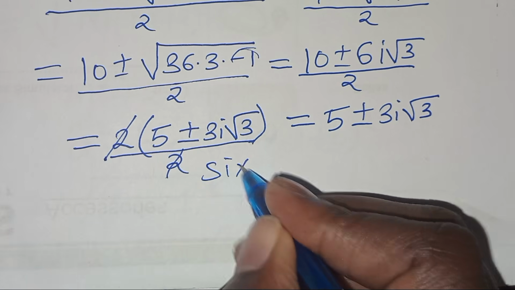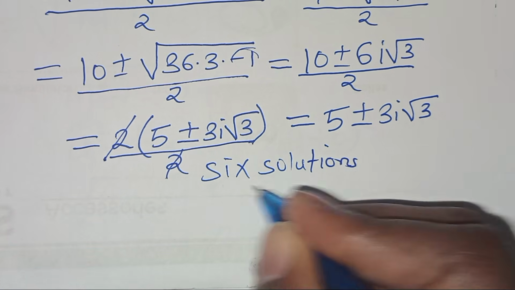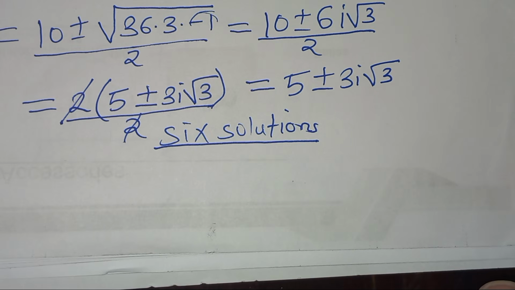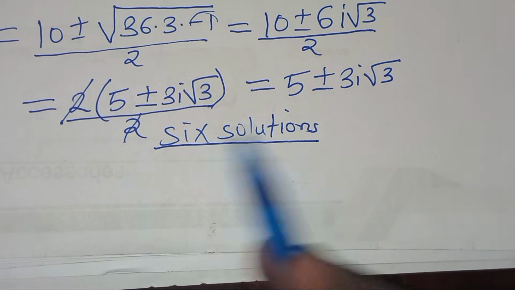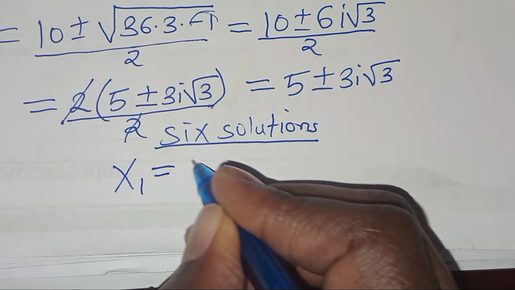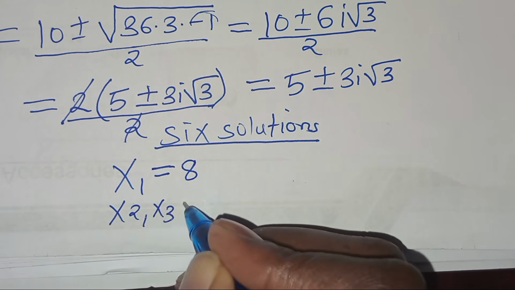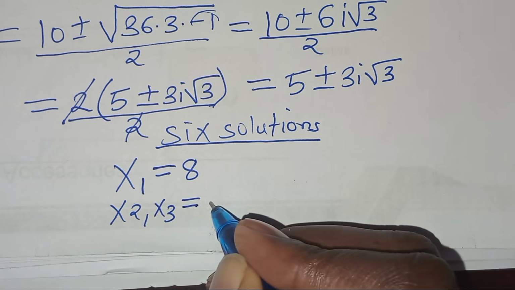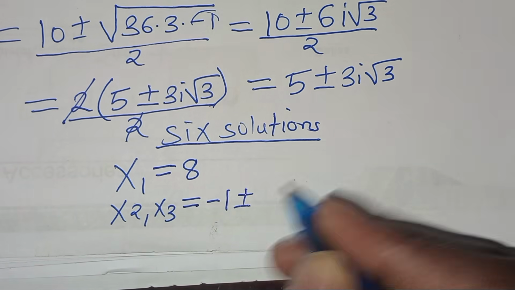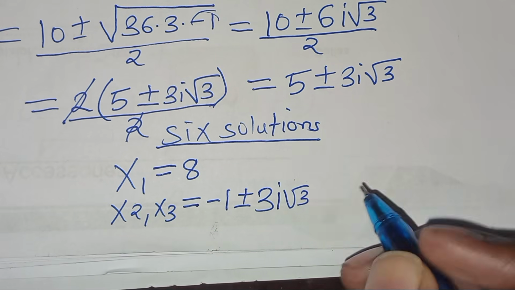We have 6 solutions to this problem. Therefore, we have 6 solutions here, where we have x1 equal to 8. We have x2, x3, which is the same thing as minus 1 plus or minus 3i square root of 3.